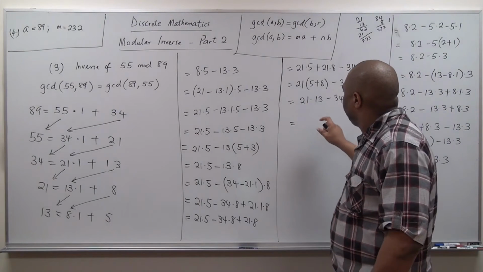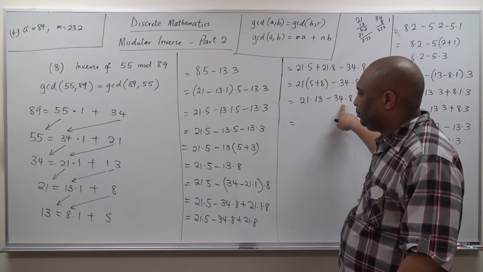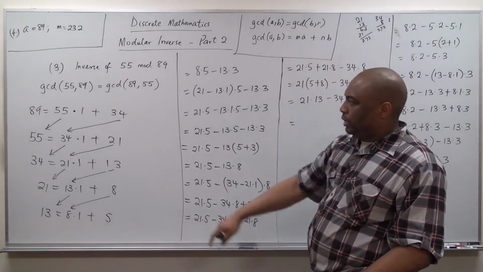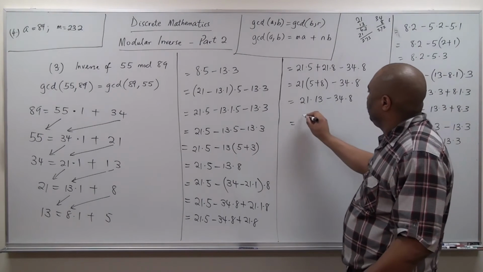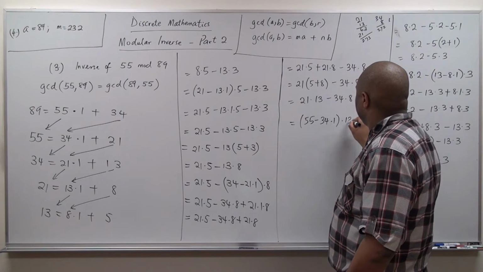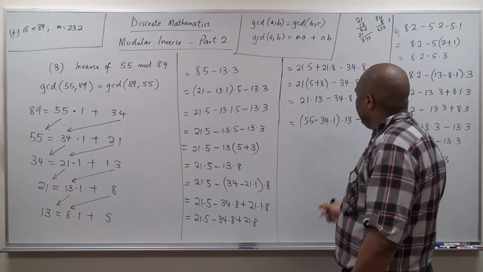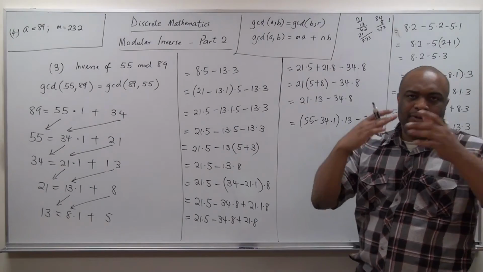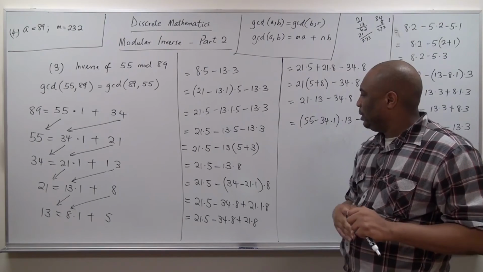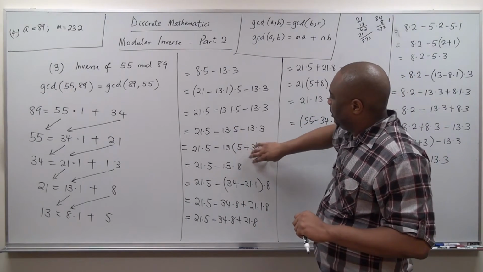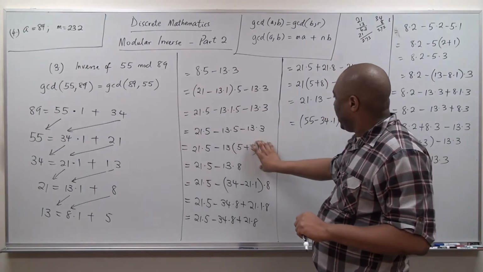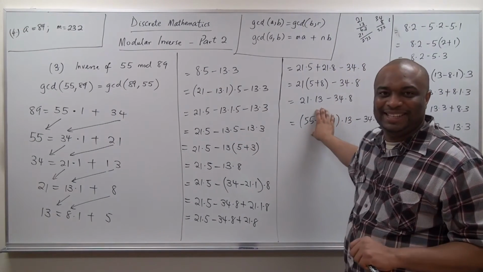And this is equal to, now, we've done it in 21 and 34. So the next thing is to express it in 55 and 34 as we solve for 21. So this will be 55 minus 34 times 1 times 13 minus 34 times 8. If you notice the flow, it works in sequence, like the first one might walk to the right, the next one walks to the left, this one walks to the right, next one to the left, you see?